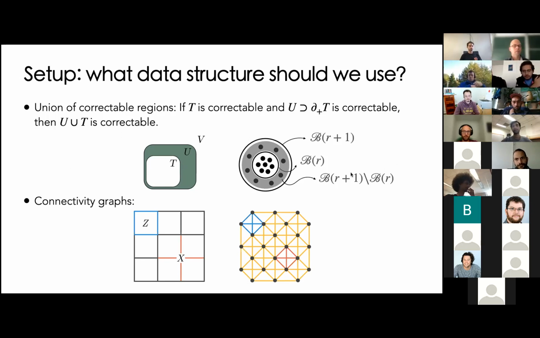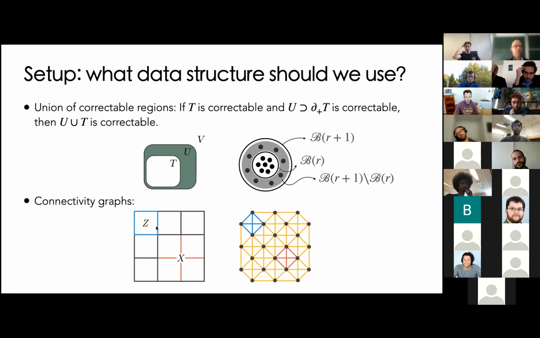Here's an example using the surface code that will help illustrate this idea. So how does this example work? This is zooming in on some portion of our toric code, where this lattice is a pictorial representation of the code.